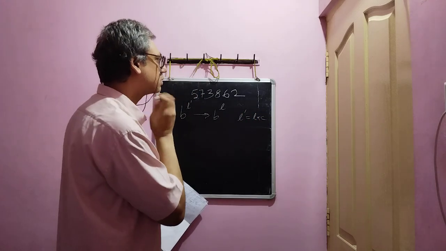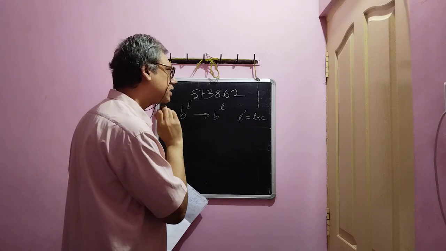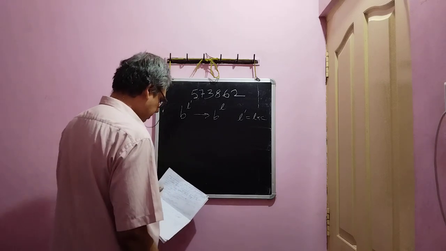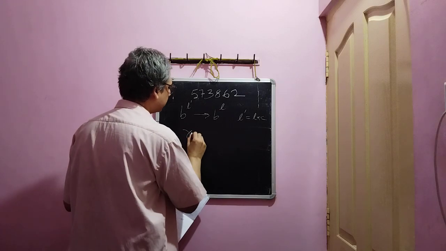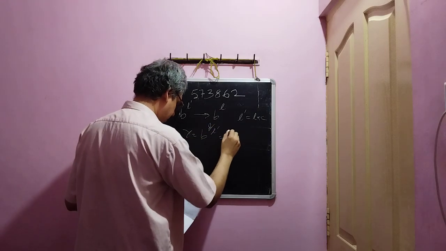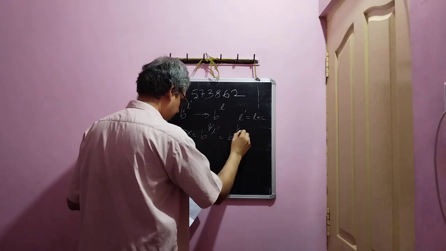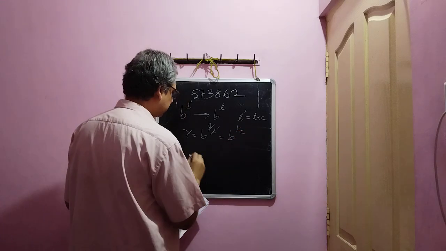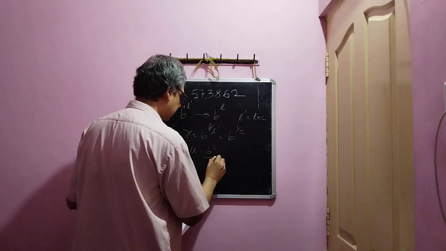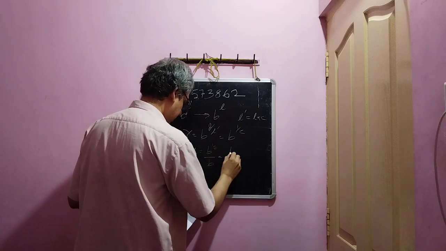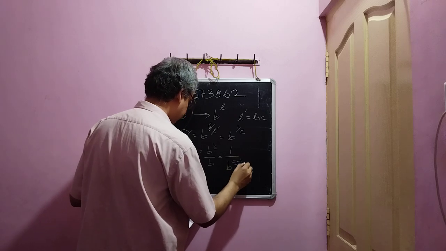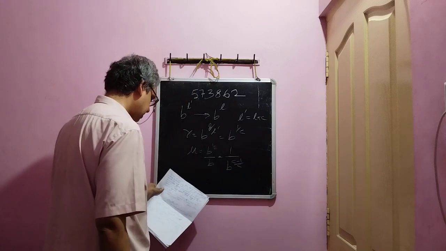C is a constant, fairly, need not be too large and need not be too small. Then we find r equal to b power l by l' equal to b power 1 by c. And the unit again will be u is equal to b power 1 by c by b equal to 1 by b power c minus 1 by c.